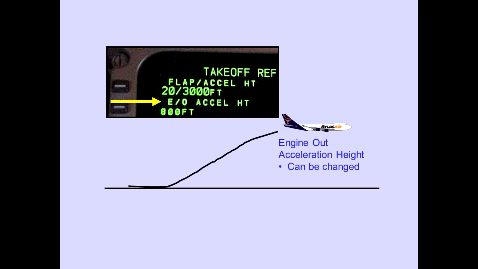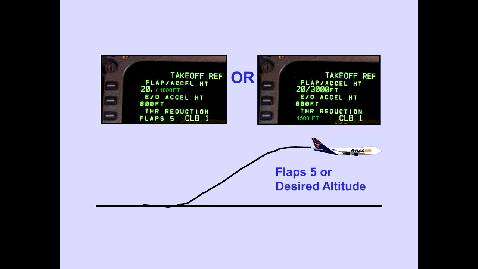Remember, acceleration height altitudes refer to height above ground level, not sea level. The thrust reduction point is either flaps 5 setting or an altitude and can be changed by the flight crew. The armed climb thrust limit is also displayed.